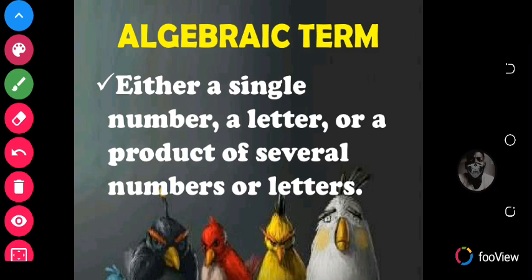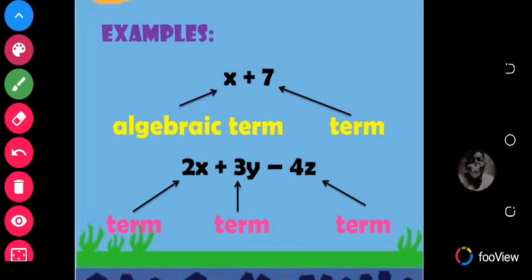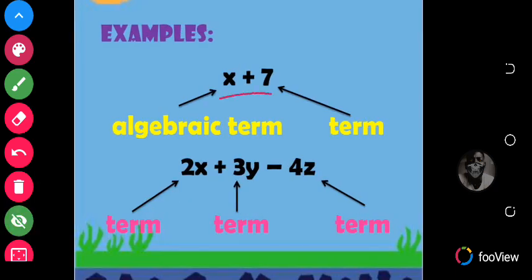Let's look at an algebraic term. An algebraic term is either a single number or a letter, or a product of several numbers or letters. So when you see something like this, it is what we call an algebraic term. The addition of a variable and a number is called an algebraic term.